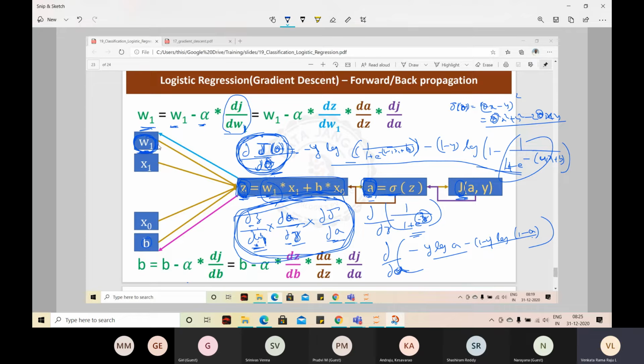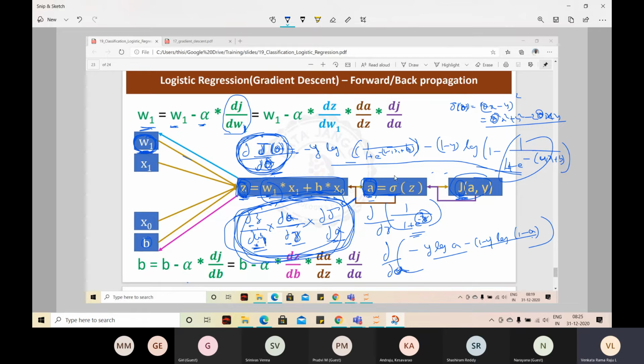Forward propagation is calculating the j of theta in the forward direction. Once you know the j of theta, you calculate the derivative and calculate the next w. Again, forward propagation, calculate the next w. Again, forward propagation, calculate the next w.